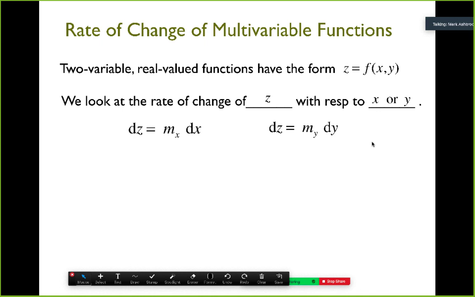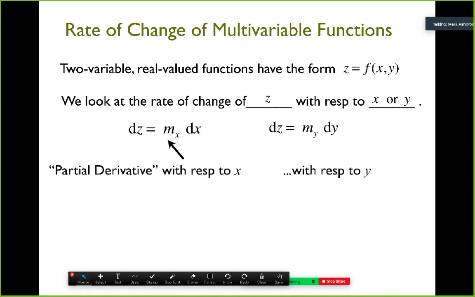So we're going to split this apart into two exclusive separate rates of change. Both are looking at the change in z. One is as a result of a change in x, and the other is the result of a change in y. Okay? So this is what we call partial derivatives.